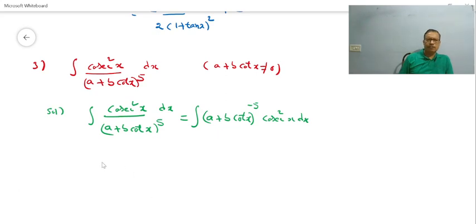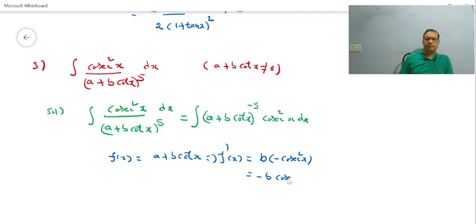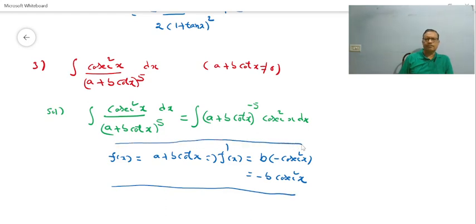Okay. Now suppose f(x) = a + b cot x. So differentiating, f'(x) is d by dx of a, which is constant, so 0, plus b into d by dx of cot x. d by dx of cot x is minus cosec²x, so that's equal to minus b cosec²x.